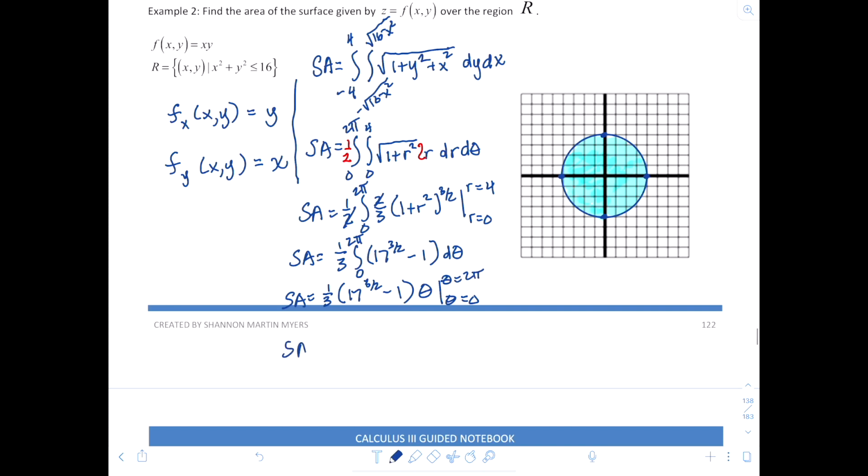So that will give us, when theta is 0, the bottom limit will 0 out. So we'll end up getting 2 pi times 17 to the 3/2 minus 1 all over 3 square units.